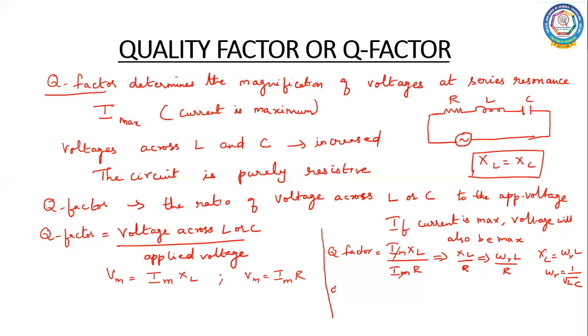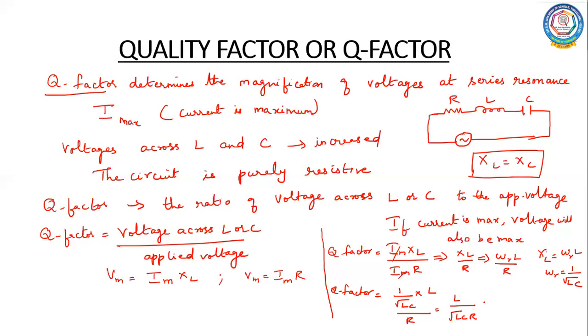So here Q factor becomes, now I'm going to substitute omega R as 1 by root of LC into L by R. Okay, so this equation will be L by root of LC into R. Now this L can be written as root L into root L. So one root L and one root L gets cancelled.